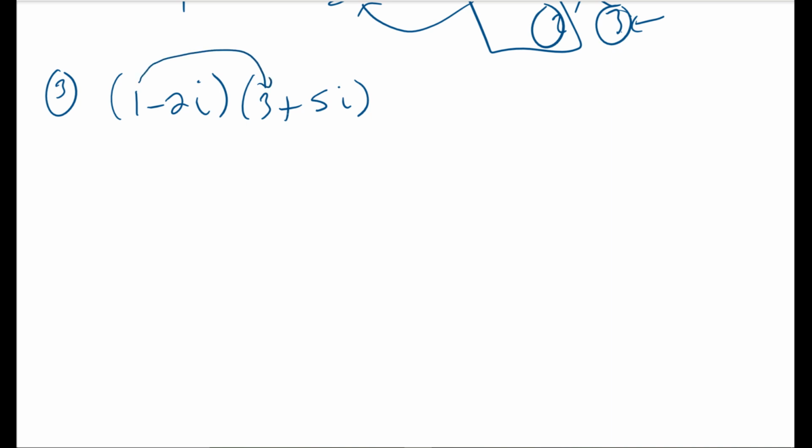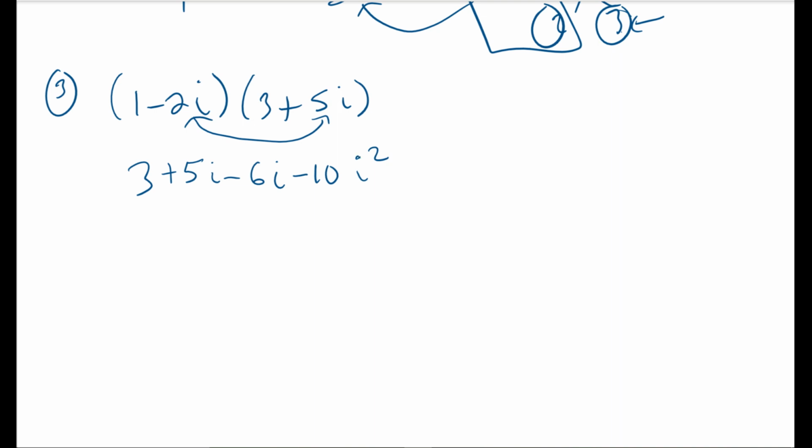So we're going to be multiplying 1 times 3 together, which is 3. Next, we're going to be multiplying 1 times 5i, which is positive 5i. Next, you're going to be multiplying negative 2i times 3, which is negative 6i. And finally, you're going to be multiplying negative 2i times 5i, which is negative 10i squared.